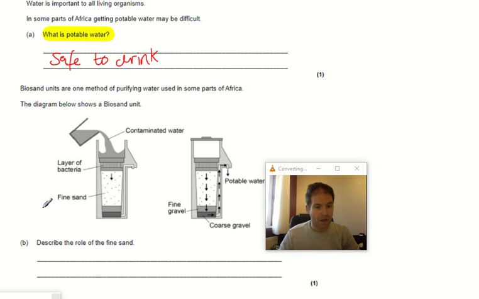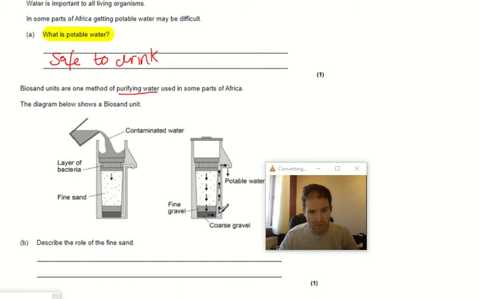Now, describe the role of fine sand is the second question. Well, let's have a look here. It says biosand units, one method of purifying water used in some parts of Africa. The diagram below shows a biosand unit. Looks like we've got contaminated water poured at the top. We've got a fine layer of bacteria there, and we've got some fine sand. And then underneath we've got gravel and coarse gravel.